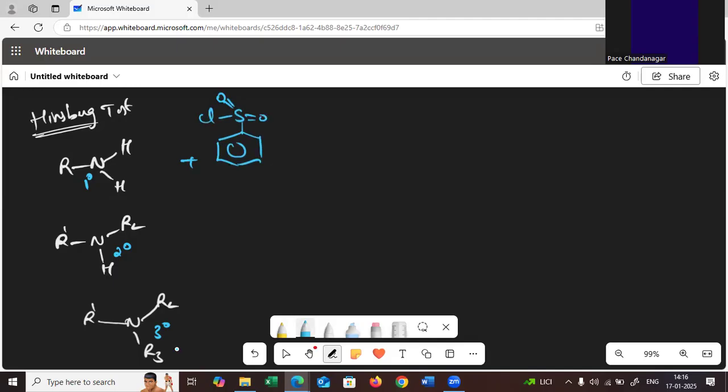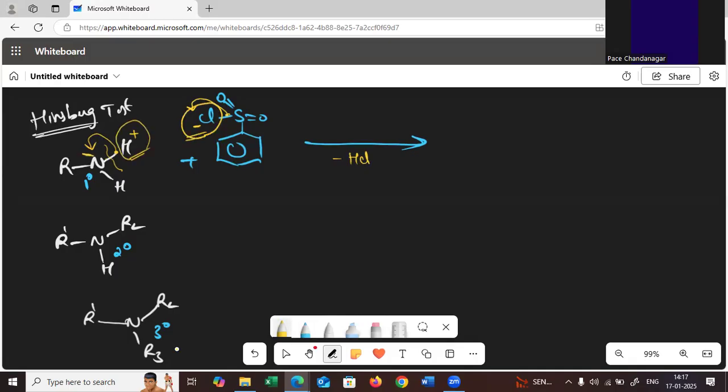So with benzene sulfonyl chloride, what will form? You have a hydrogen here. Definitely one hydrogen gets removed. Look, nitrogen is taking the electron here, so N minus forms, and hydrogen leaves as H plus. Then chlorine takes away the electron from here and leaves as Cl minus. So I am getting HCl out here, H plus and Cl minus come out.